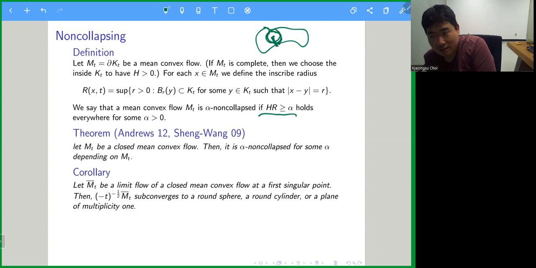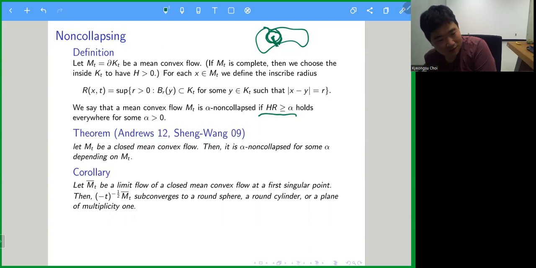So this is pretty useful in singularity analysis because this alpha is invariant under blowups. And moreover, one can apply a maximum principle, a two-point maximum principle, for this multiplication.